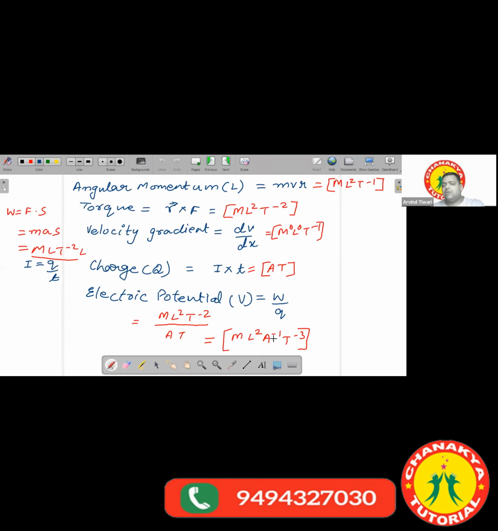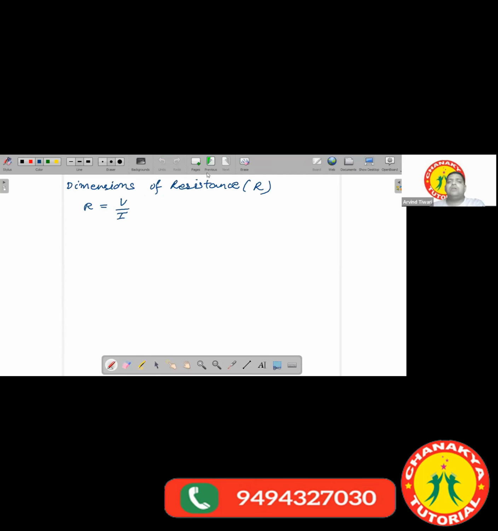Yes, sir. So first of all, we will write the formula for resistance. The formula for resistance R is given by V by I, where V is electric potential. The dimensions of electric potential we have calculated here. Or you can do it again if you want.